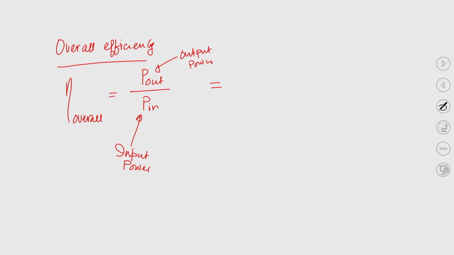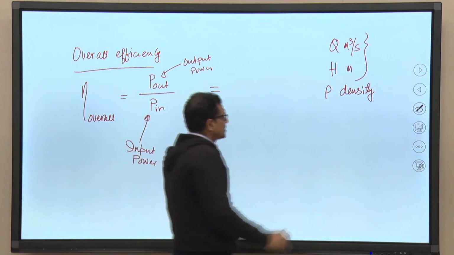If I consider a particular pump installed to supply Q meter cube per second discharge against a head of H meter, and rho is the density of the fluid, in kg per meter cube.